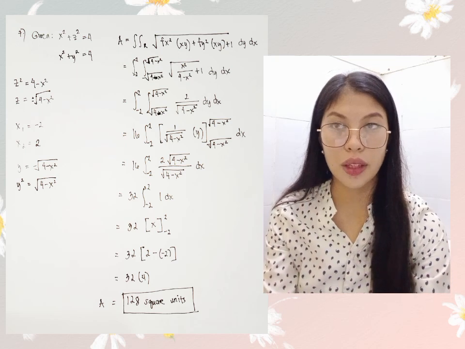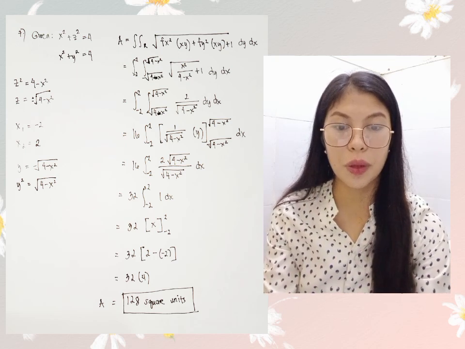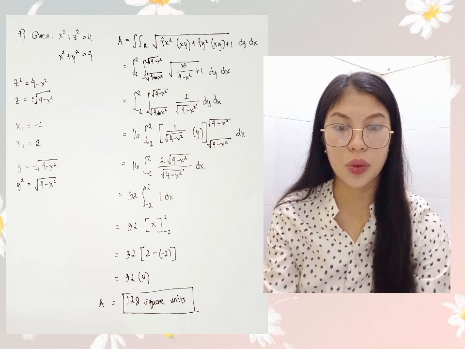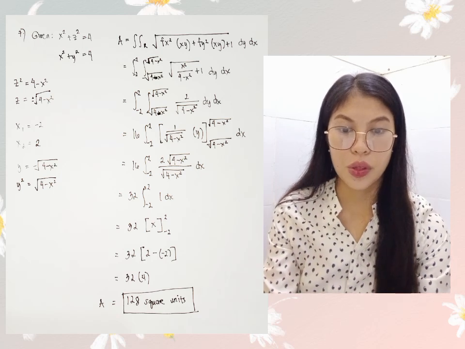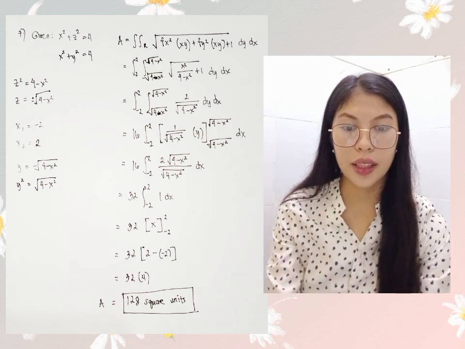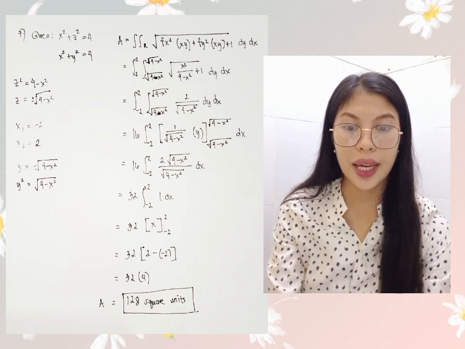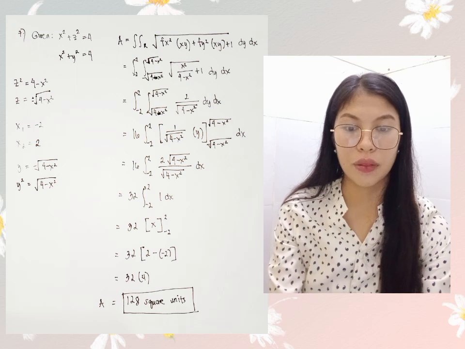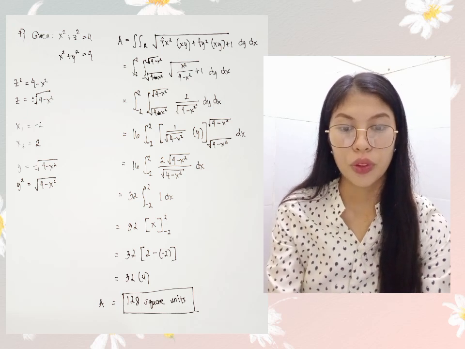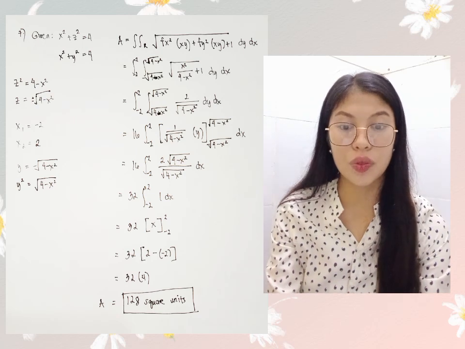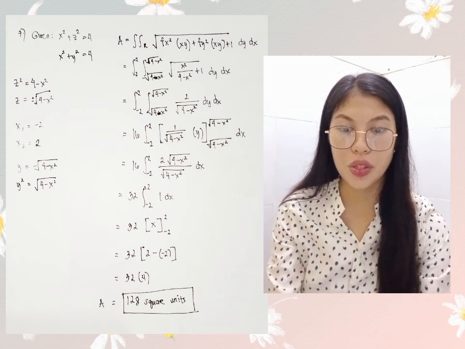That is when we integrate the lower bound, which is negative square root of 4 minus x squared, and the upper bound, square root of 4 minus x squared. So we plug in that upper bound and lower bound. So we have 16 integral from negative 2 to 2 of 2 times the square root of 4 minus x squared over the square root of 4 minus x squared dx.